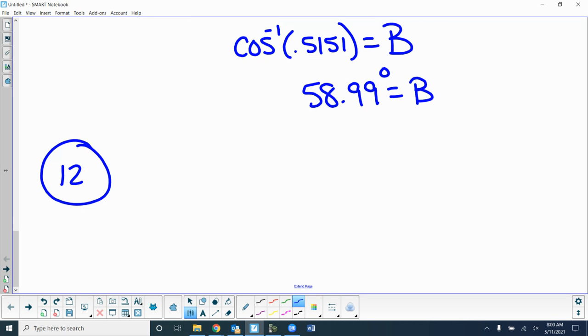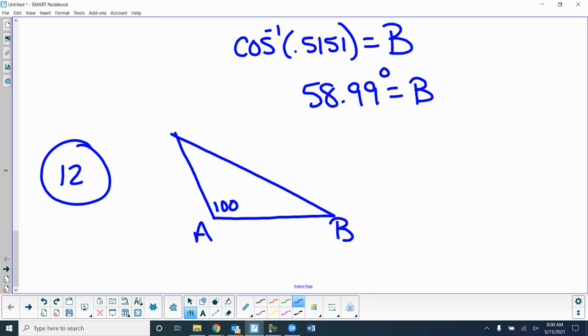Find the third side of the triangle, round answer to the nearest whole number. And it gives us angle A is 100, so it's another obtuse. And I'll just call this angle B and this angle C. All right, so side B was 33, and side C was 23.